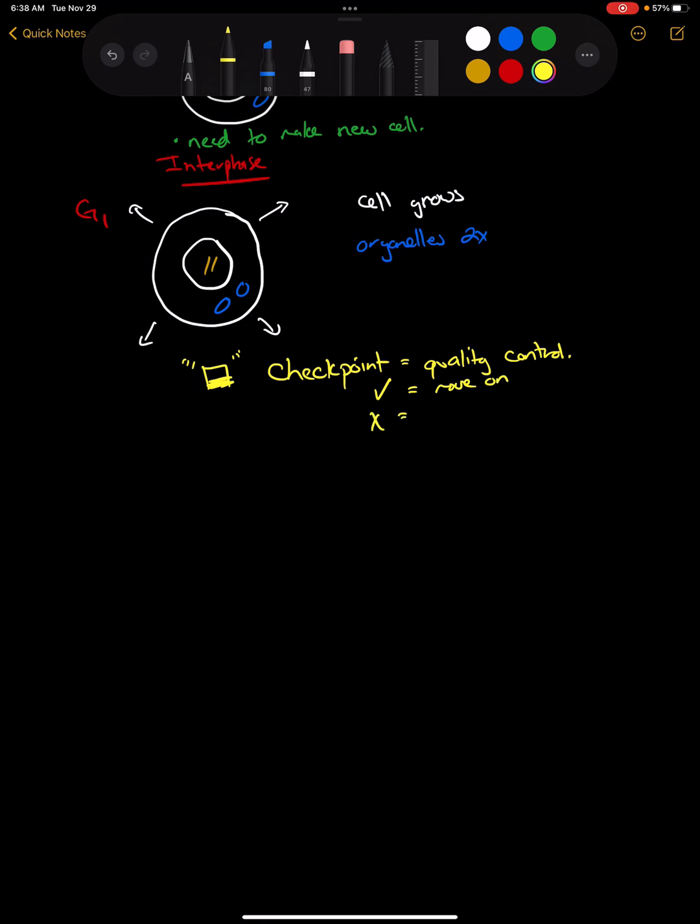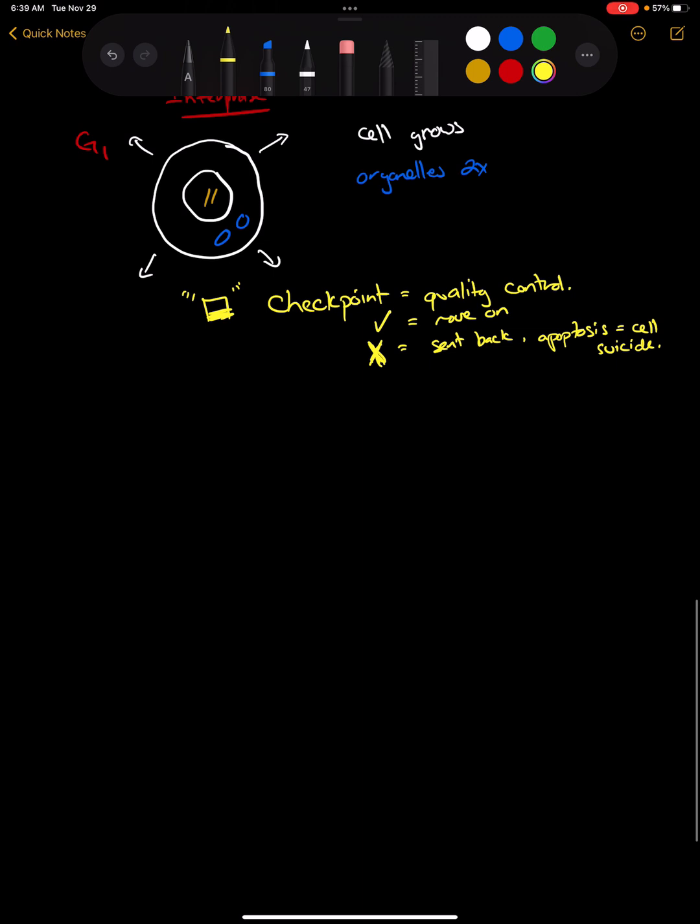If I don't pass, I get sent back, or a really crazy thing, it's called apoptosis. Apoptosis is cell suicide. We talked about markers being on the cell membrane. Well, a marker that I can turn on is saying, hey, I need this cell to die because it's not dividing correctly. And so these checkpoints are really, really critical, okay?